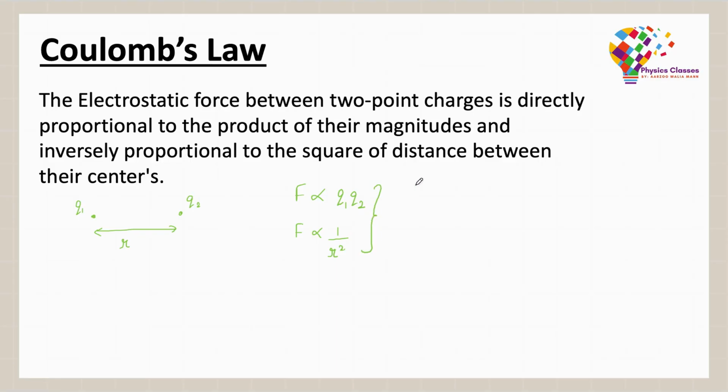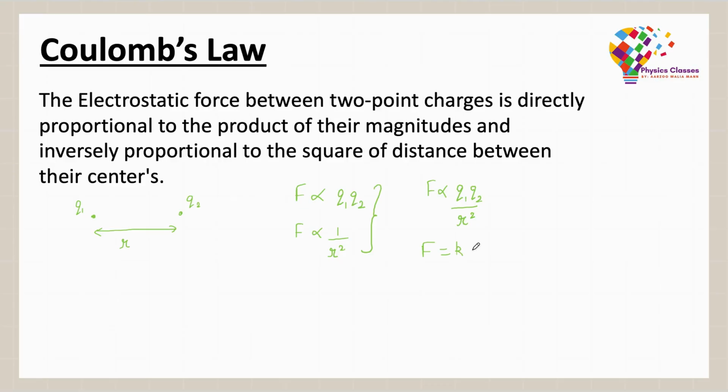If I combine these two factors, my force is directly proportional to Q1 Q2 by r square. In order to remove the proportionality sign, we introduce a constant, k.